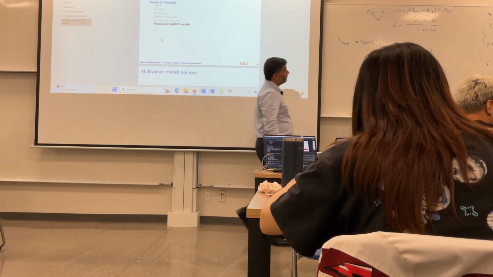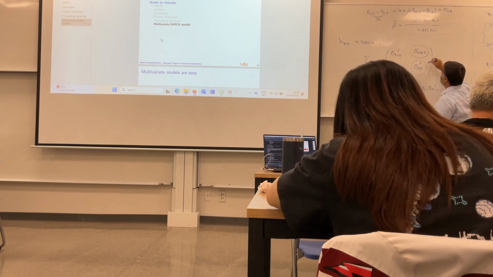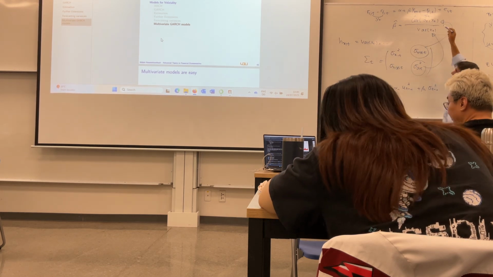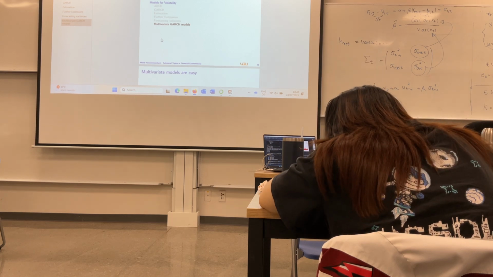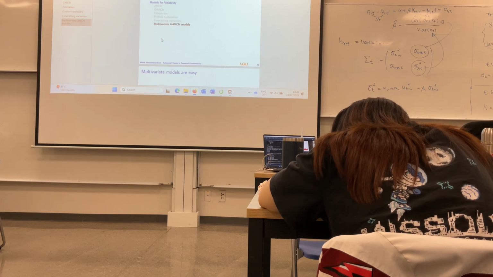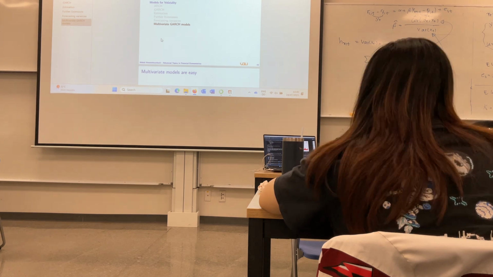So if I do that, then I can have the covariance, and I can have the univariate ones, and I can plug them here. I plug in the numerator, I plug in the denominator, and this covariance matrix is time varying. So covariances are time varying, the variance is time varying, and so beta will be time varying.